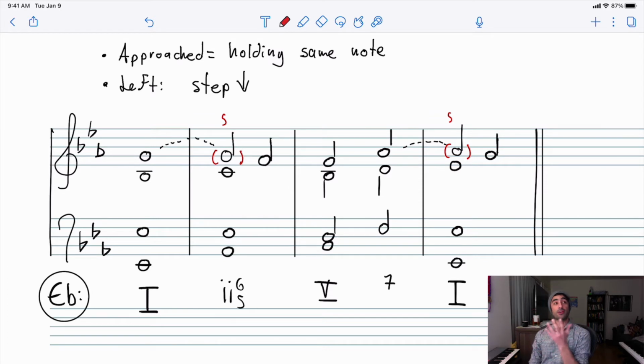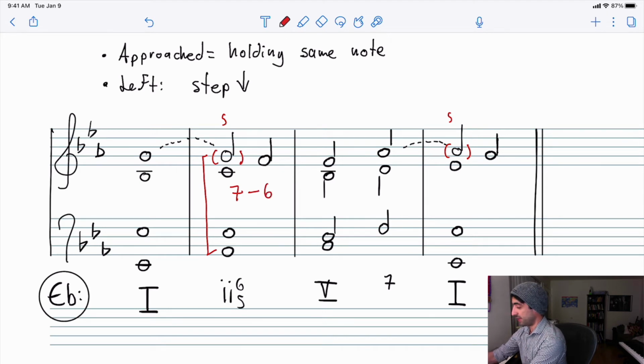But we also label them by writing down the intervals above the bass of that suspension. So for example, this one would be, if you count the quantity of the interval from A flat to G, a 7th, and when it resolves down, it becomes a 6th, right? From F to this F. Let me erase this.